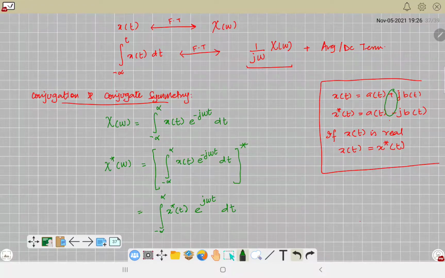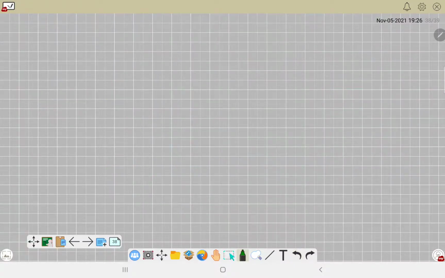Fine. And then I have X conjugate omega equal to the integral from minus infinity to plus infinity of x conjugate t e raised to the power j omega t dt.